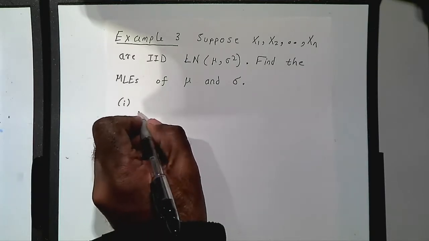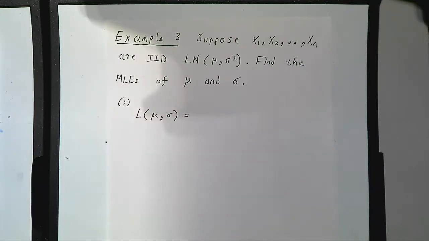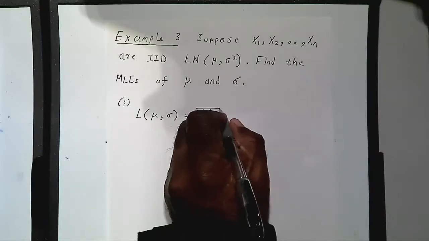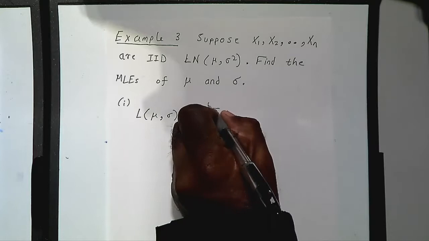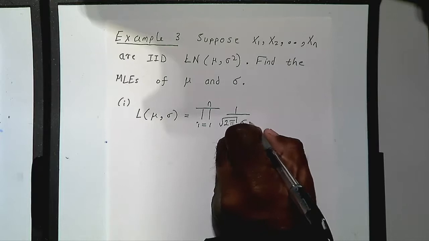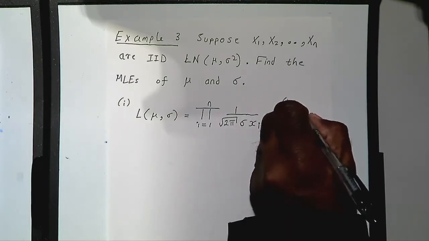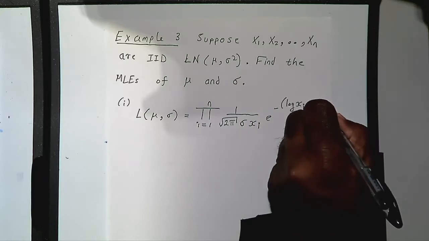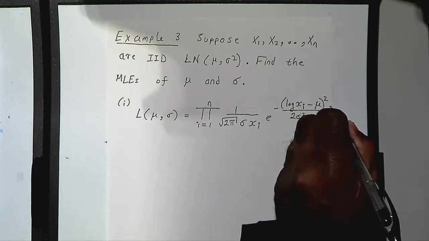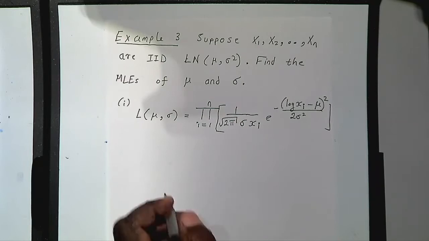Okay, so the first thing to do is to write down the likelihood function, which will be, which is this, right?